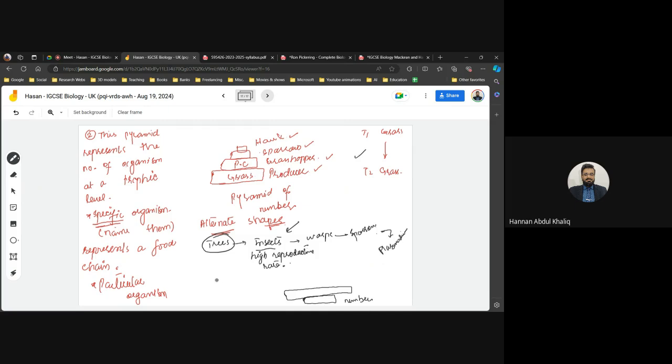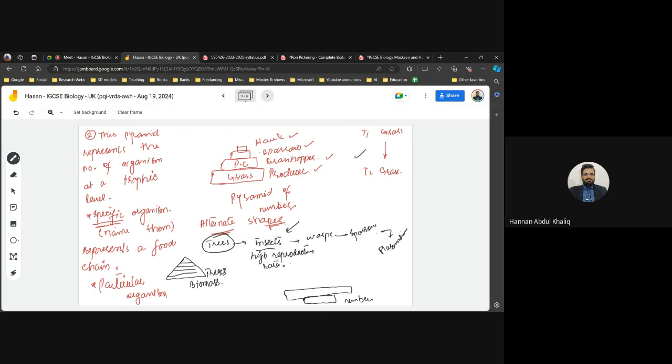One more thing. If I would have drawn the same thing in a pyramid of biomass, you know how it would look? It would look exactly like this, in which the trees would be occupying the lowest level. You know why? Because the trees have highest biomass.